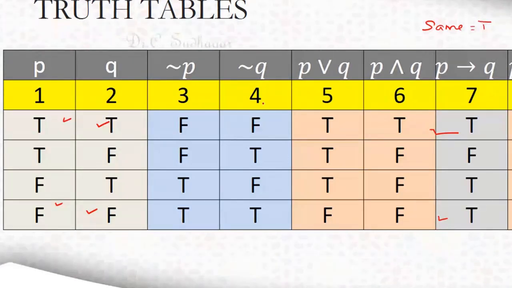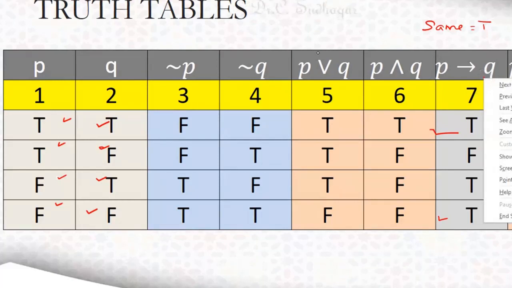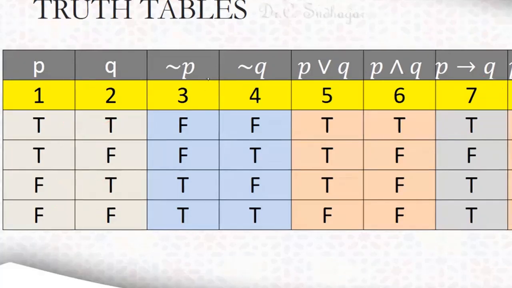If different elements are coming, you see that here it is T in one place, F in one place, F in one place, T in another place. So different elements are coming. You should take the truth values of Q. So see what is coming in the right hand side.